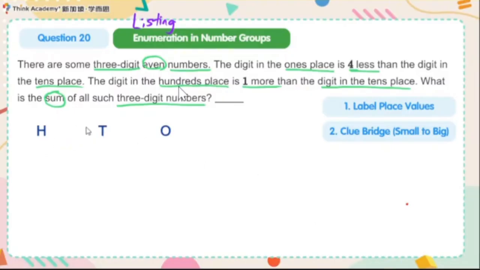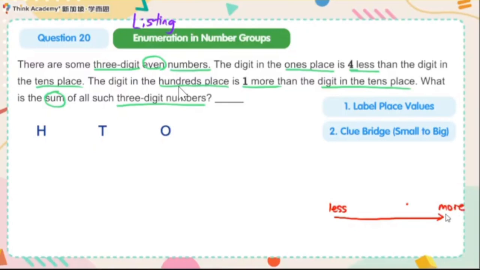So in the hundreds, tens, and ones, which one is the smallest? We can actually draw a magic arrow to compare the relationships. This is a key technique in logical reasoning. To compare different things, we will use a magic arrow like this, to arrange them. So we want to find out which digit is less, which digit is more.